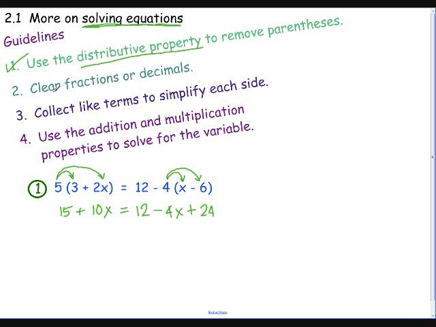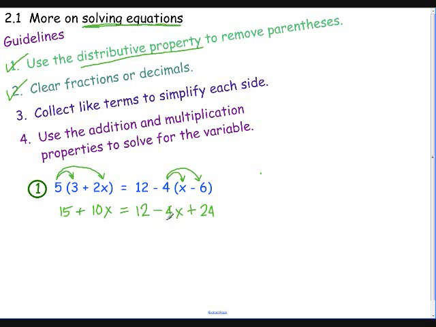Clear fractions or decimals. We don't have to worry about that in this case. Collect like terms. Okay. Well, on this side, well, let's start over here. This side, these are not like. Remember, to be like, they have to have exactly the same variables at exactly the same power. Well, this one has no x, this one has an x.